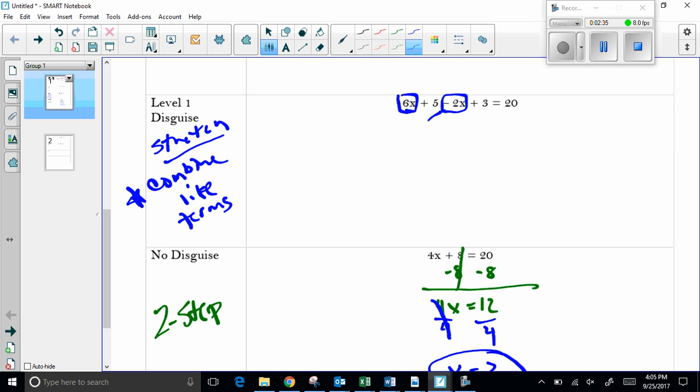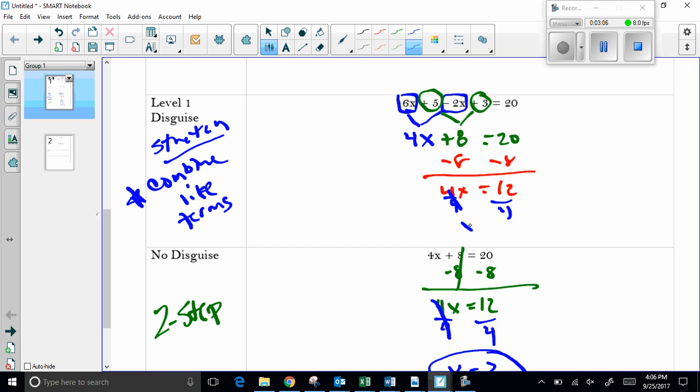I'm going to bring those together because they're like terms. This becomes 4x. Now I also have a positive 5 and a positive 3. If I bring those two together, it makes a positive 8, and that equals 20. Now, I don't know if you realize this, but this equation now looks exactly like that one. I can subtract 8 on both sides, and that'll give me 4x equals 12, and then I divide by 4 on both sides. Ta-da! X equals 3 once again.